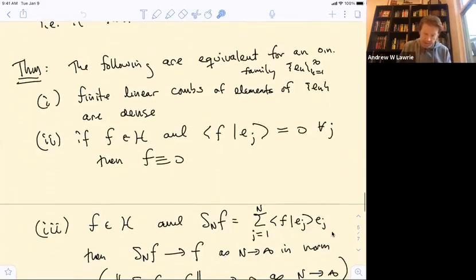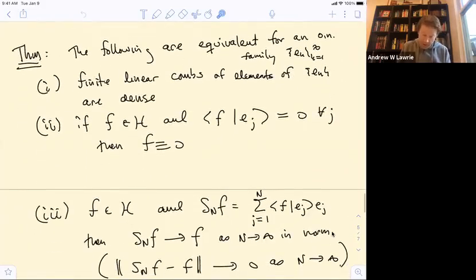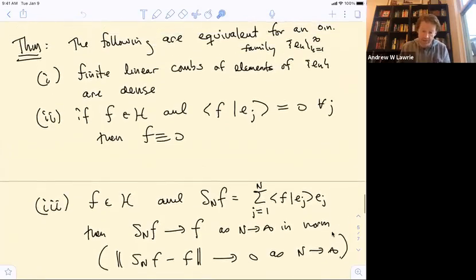The theorem we'll prove, which is an abstract theorem about Hilbert spaces, is that we can characterize an orthonormal family being a basis in four different equivalent ways. So we stated the following theorem. This first one is the definition that we gave for basis.